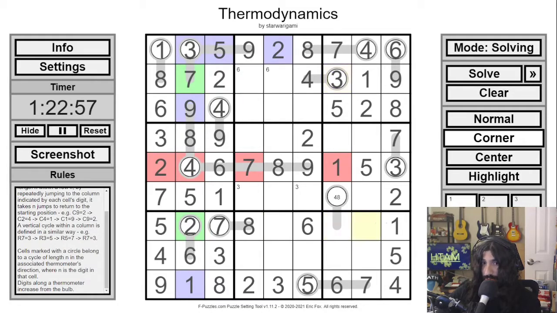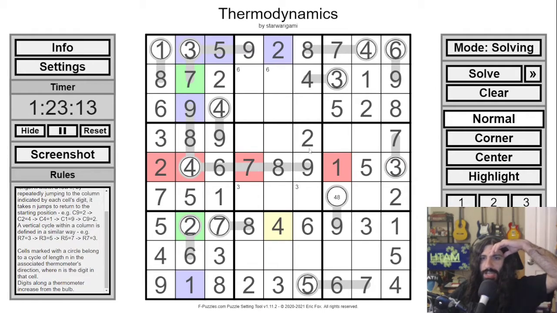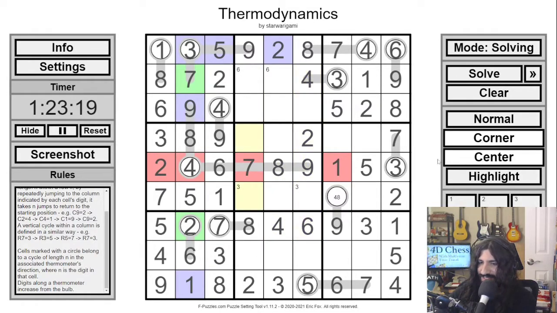And if this is a 3, then this is a 3. Okay. So now what do we have here? We need a 4. So that 4 goes here. And we need a 9, which means a 9 goes here. Right? I think, okay. Now, 4, 4. Okay, well, there's a 4 in one of these.